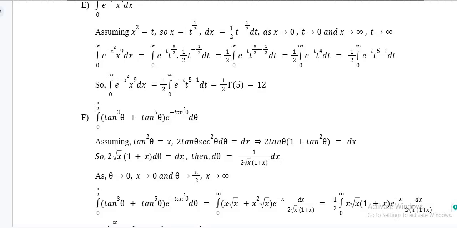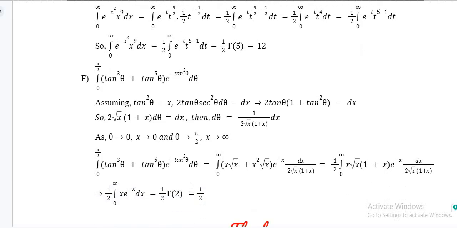Now the important part: what is the limit? Here the limit is 0 to infinity. When theta tends to 0, obviously x also tends to 0. And when theta tends to pi by 2, x tends to infinity. Now it is helpful for us. So the integration limit is 0 to infinity. When you put this in the expression, we have tan to the power 3.